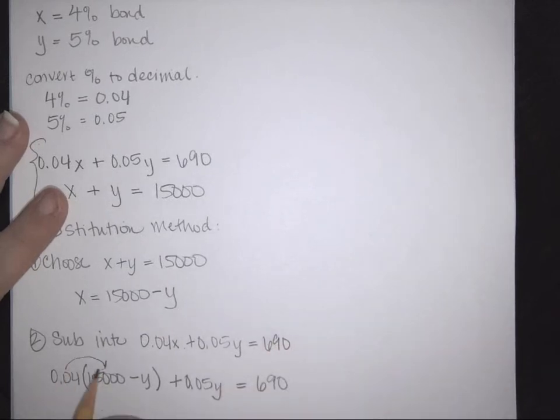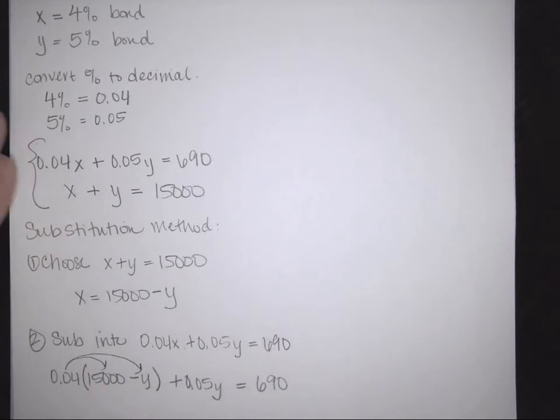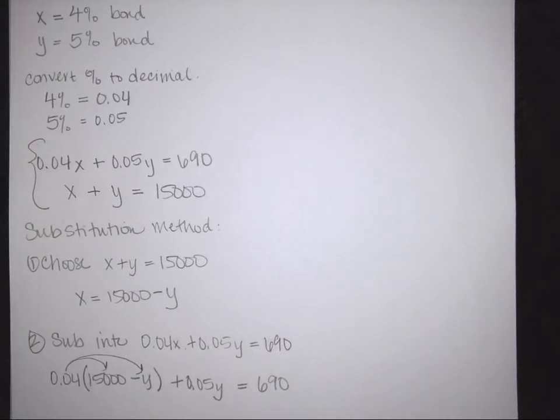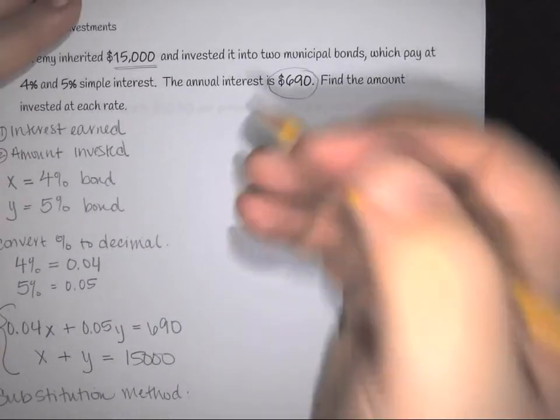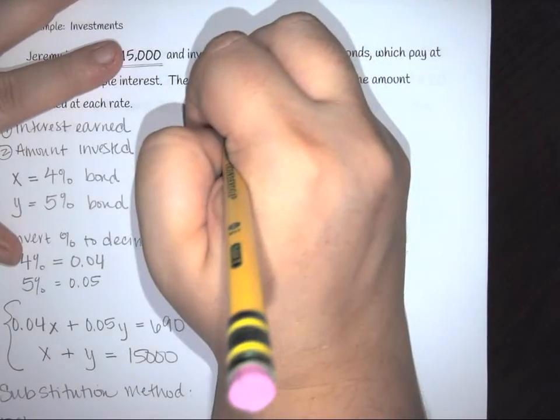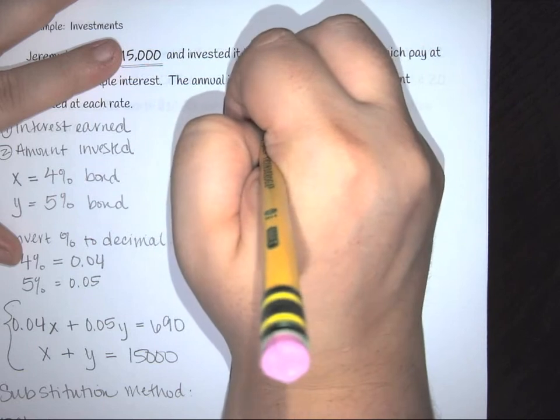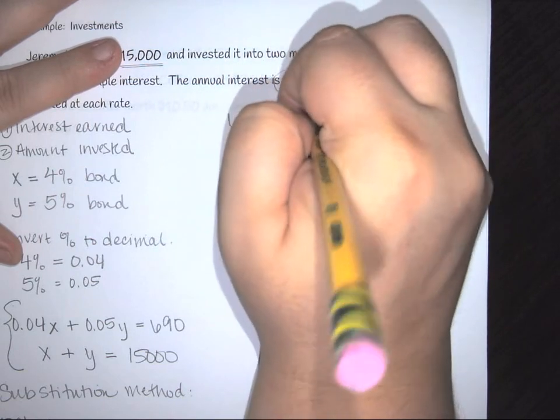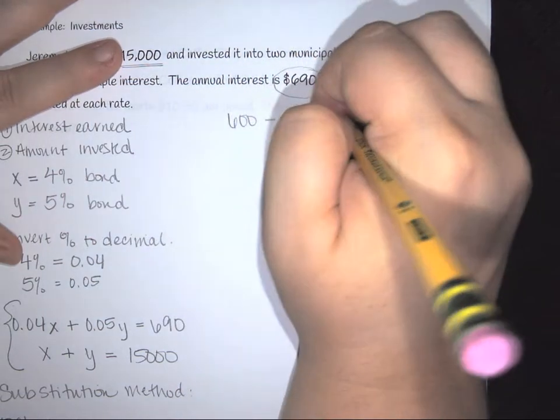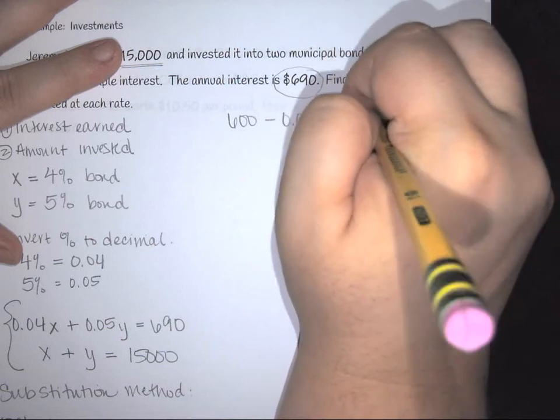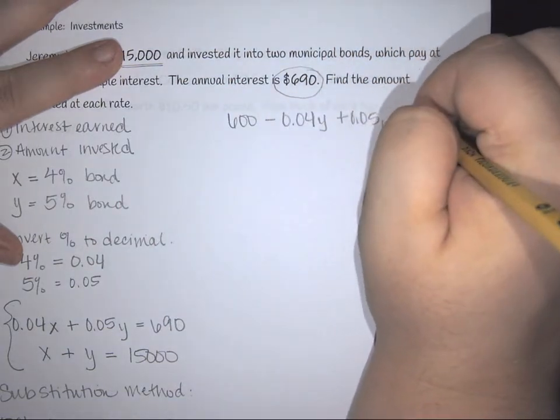You need to distribute into your equation so that we can work to simplify down. And so here we're going to end up with 600 minus 0.04y plus 0.05y is equal to 690.